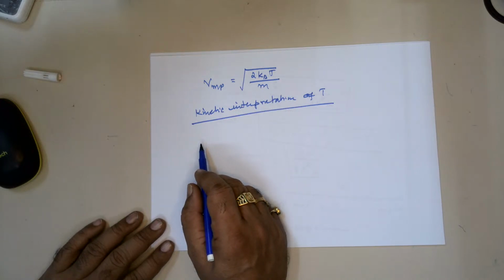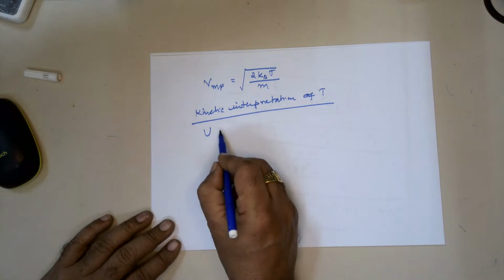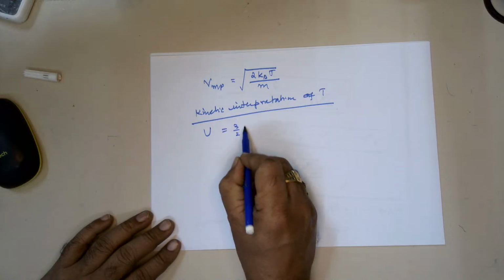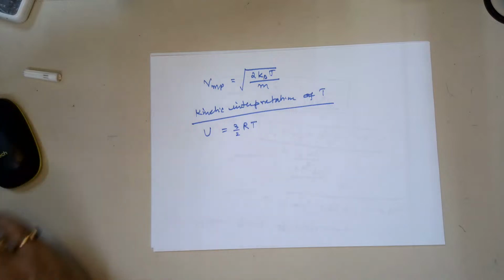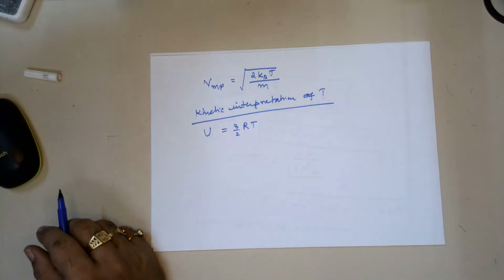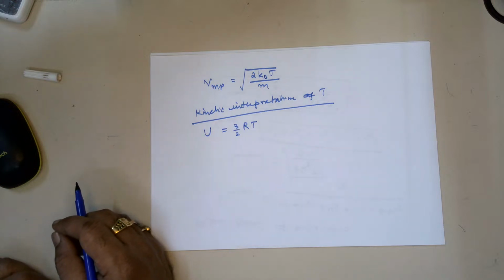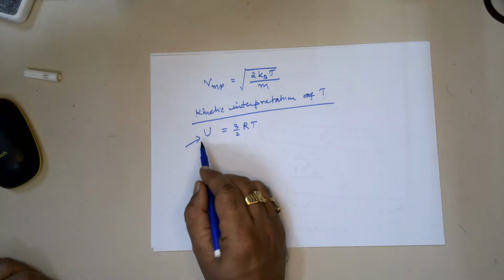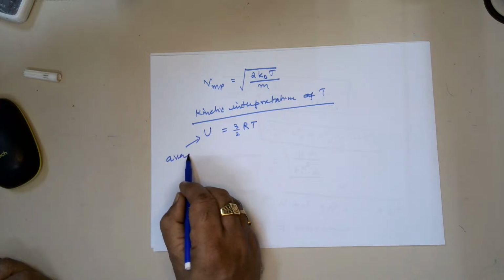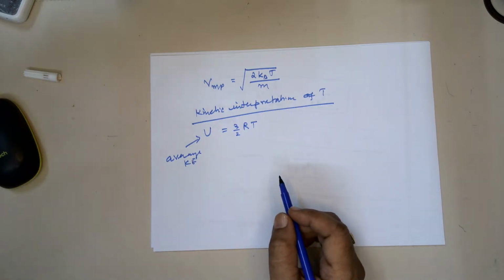Let us consider the kinetic energy as U. This is given by 3 by 2 of R into T. So here, T is the temperature of the gas, and U is the average kinetic energy of the molecules of the gas.